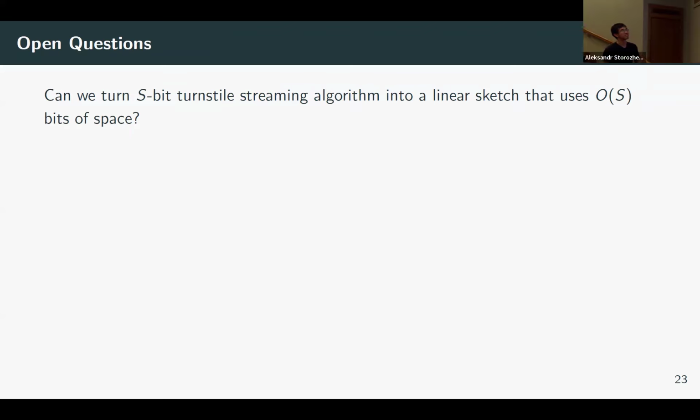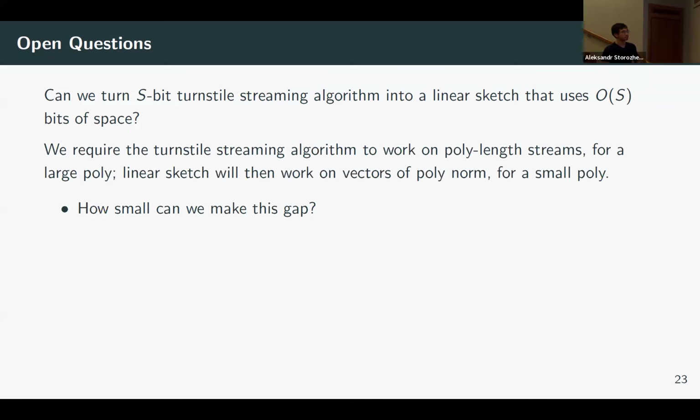So can we turn any S-bit streaming algorithm into a linear sketch that also uses O(S) bits of space? Also, here we require the initial turnstile streaming algorithm to work on a large poly(n) length stream, and then the linear sketch that we get will work on vectors with a smaller length. So currently there's a gap of a polynomial power or something. How small can we make this gap? This may also have some connections to bounded deletion streams.